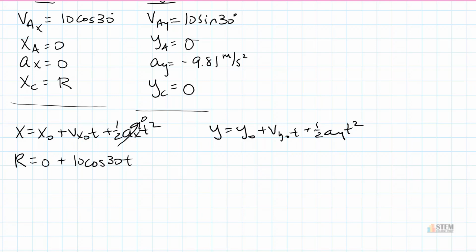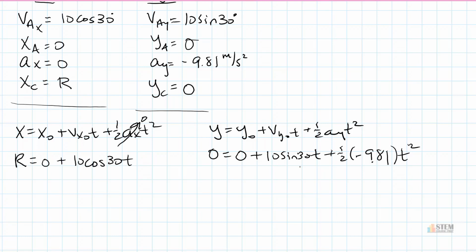For this one, the final y displacement will be yc, so that's 0. The initial y displacement was ya, so that's 0, plus my initial velocity, 10 sine 30 times t. Then finally I end up with this plus 1/2 negative 9.81 times t squared.